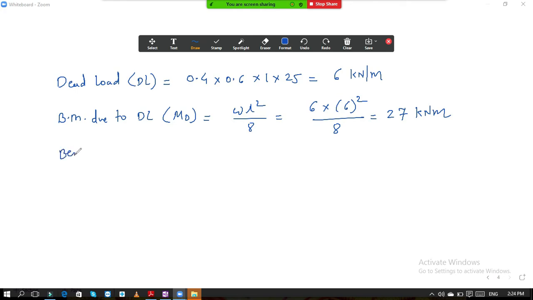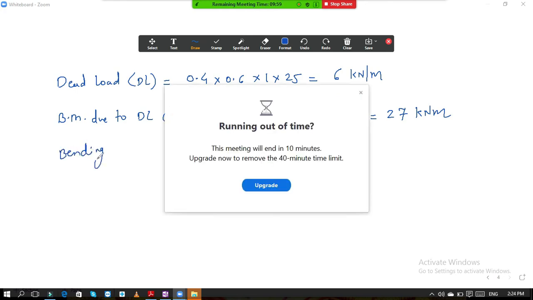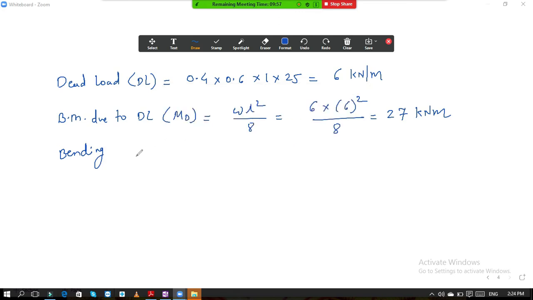So bending stress due to dead load is MD by Z. It is 27 into 10 raised to 6, divided by Z, 24 into 10 raised to 6.